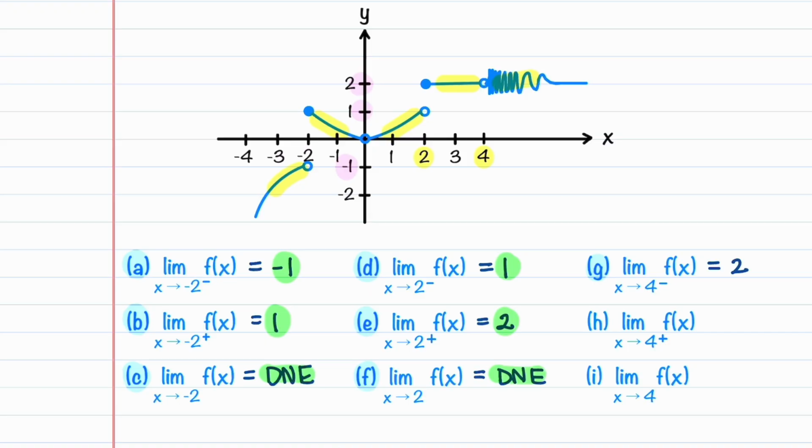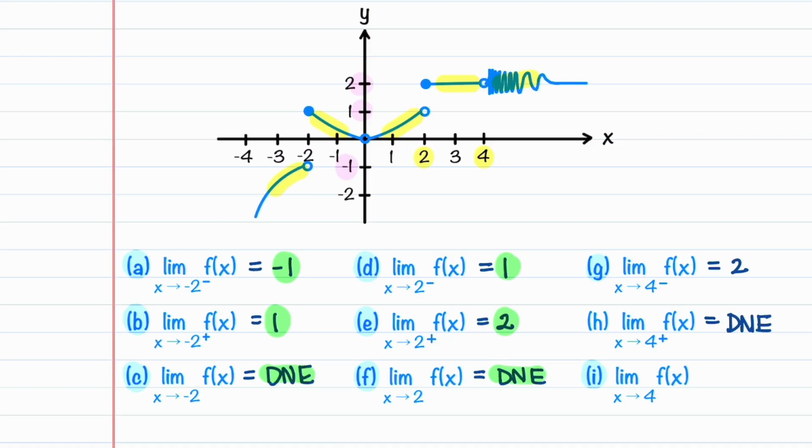As we approach from the right, our graph has what we call oscillatory behavior, and it oscillates between two values and never settles down. When that happens, we say that our limit does not exist. So let's write DNE, because it's not equal to one value. It just keeps bouncing around between values.